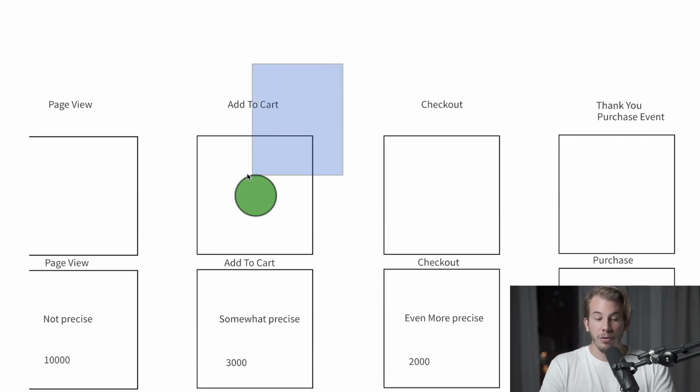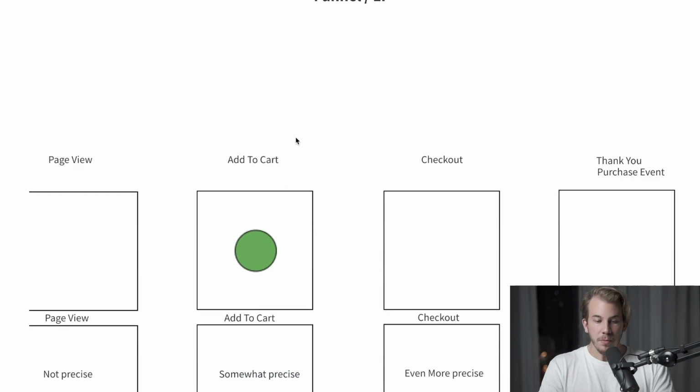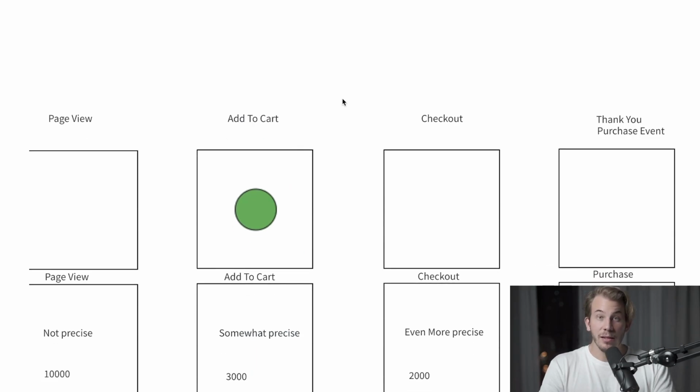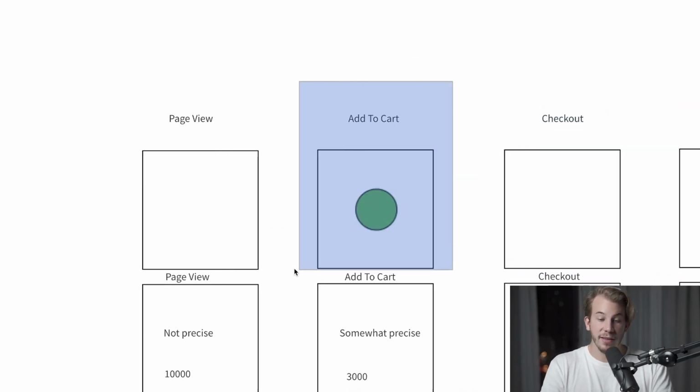Because lookalike-ing or using 500 valid add to carts might work pretty well and work even much better than your interest or behavior targeting, while your account is just not ready to use your 20, 40, 50 sales in that matter. So you don't have enough data on these events while you have enough data on these events.